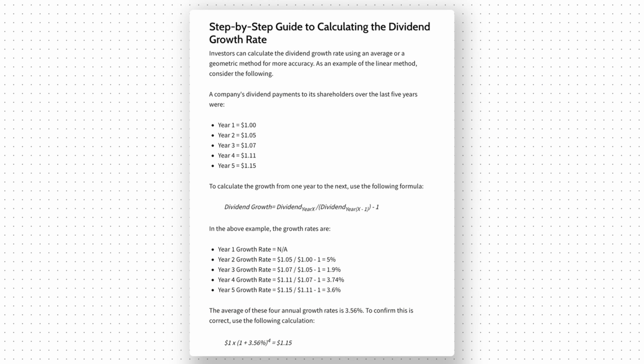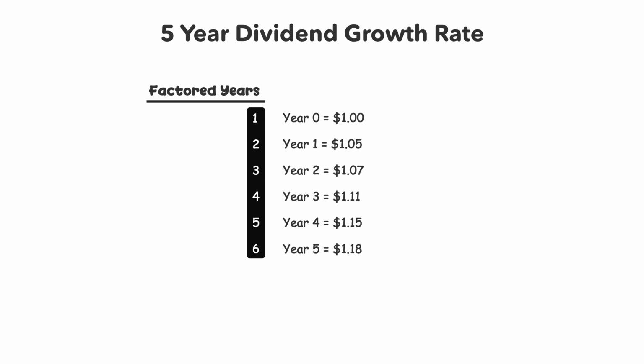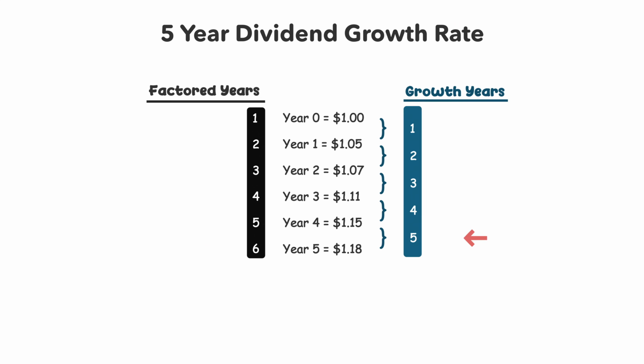One of the things that's always bugged me about these kinds of metrics are the names. Like, this thing is called the 5-year dividend growth rate. And yes, there are 5 years represented. However, there are only 4, count them, 4 growth rate years represented. My assertion here is that the calculation should actually have 6 years referenced to derive the 5-year growth rate, at least in order to align with the semantics of the thing.